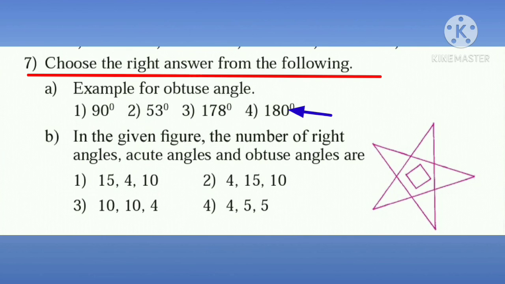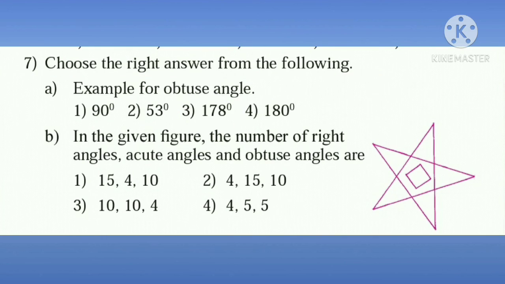The fourth one is 180 degree, which is exactly a straight angle. So 178 degree is the right answer, because an obtuse angle means more than 90 degree and less than 180 degree. The number 178 degree is between 90 degree and 180 degree. So the answer is: 178 degree is the example of an obtuse angle.